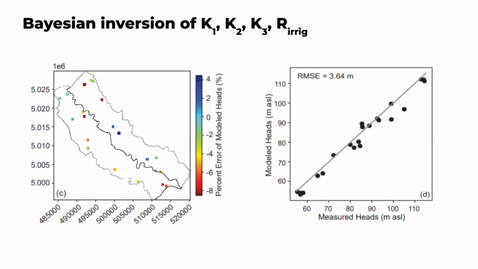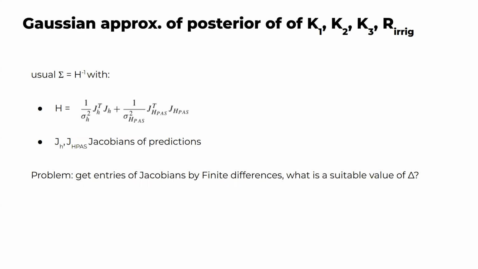Instead of doing MCMC, we decided to keep it simple and just do the Gaussian approximation of the posterior, which only requires estimating the covariance matrix of the posterior PDFs of the 4 parameters. So it's the usual formula. The covariance matrix is the inverse of this H matrix.